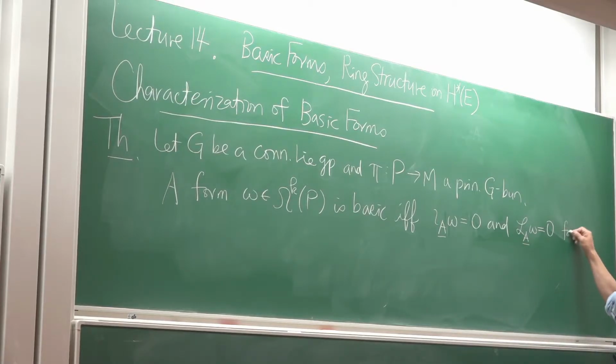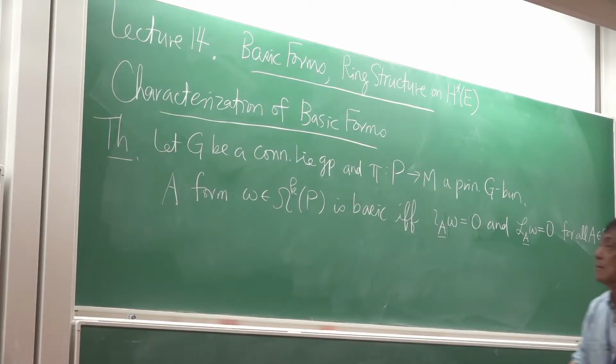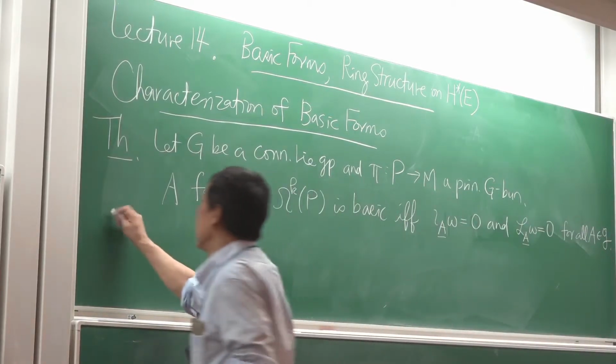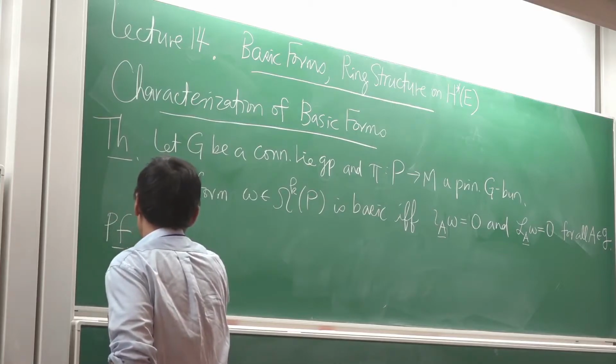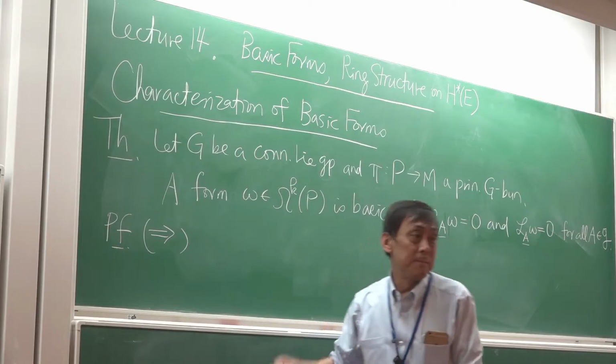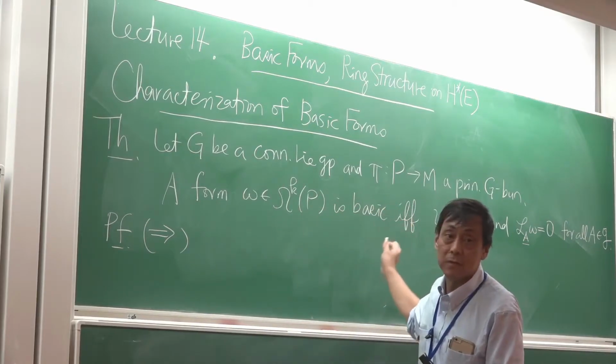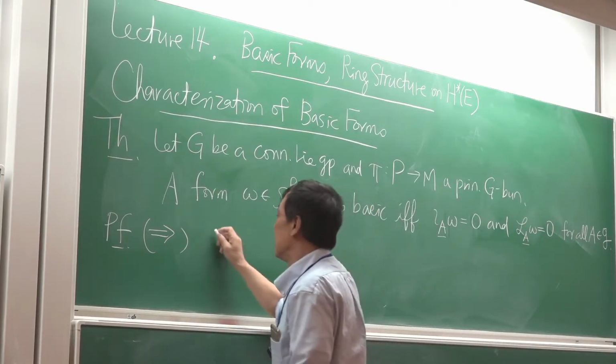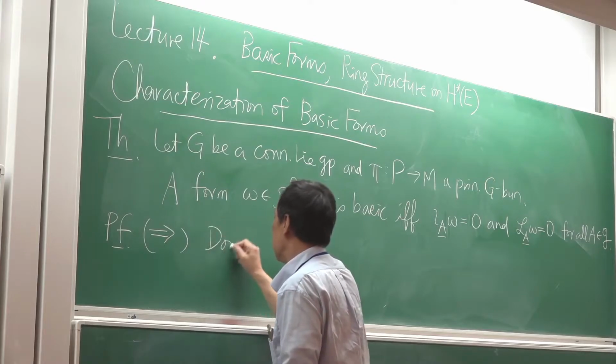And you get all vertical vectors from the fundamental vector fields. Okay, so that's the theorem. In one direction, we've done it already. A basic form is horizontal and invariant. So, done.